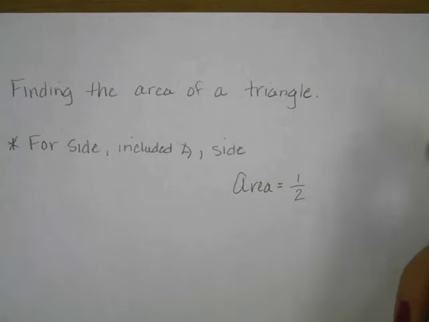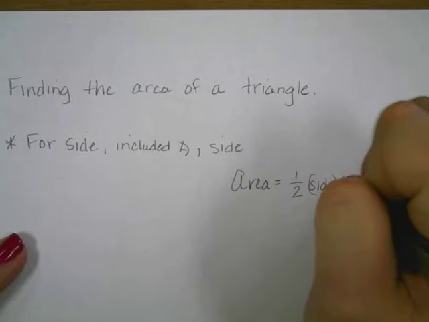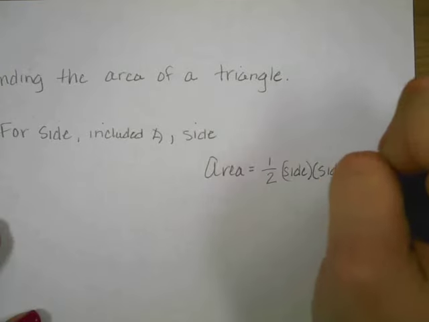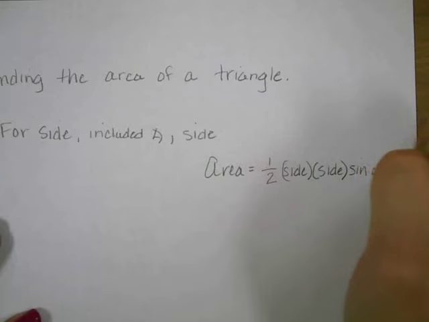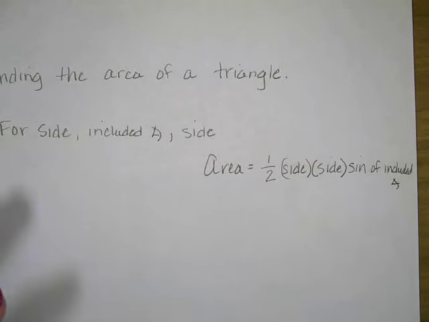And so the sides and the angles could switch up depending on if you have A, B, or C. So that could mean you could have area 1/2 B times C times the sine of A, or 1/2 A times C times the sine of B, or 1/2 AB times the sine of C. Okay, any of those combinations.